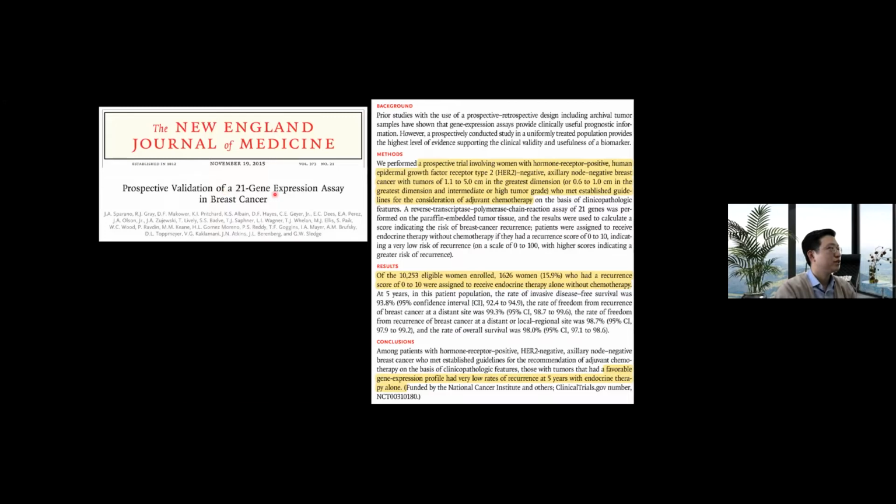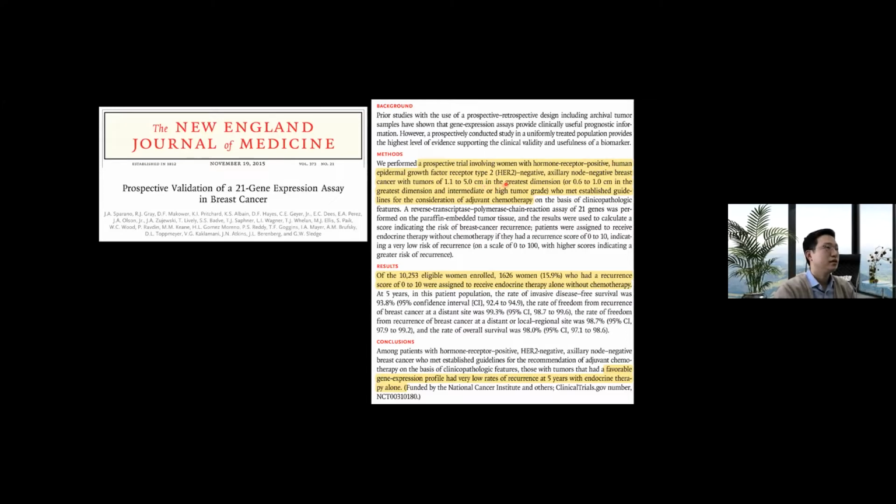This 21-gene expression assay, whose commercial name is Oncotype DX, was used in a study that enrolled patients who have hormone receptor positive, HER2 negative, N0 disease, and tumor size less than 5 centimeters. Which means T1 or T2, N0, M0, HER2 negative and ER or PR positive.